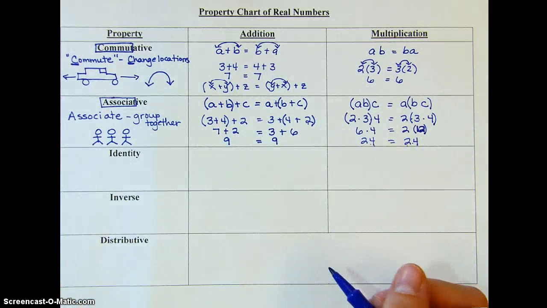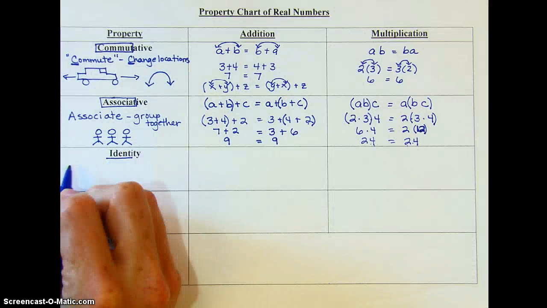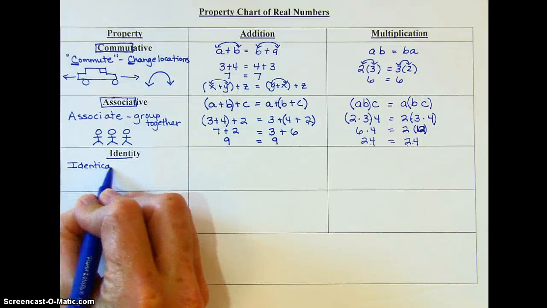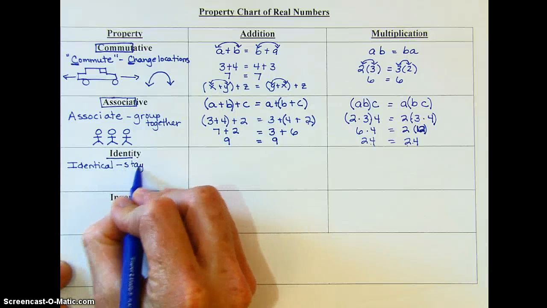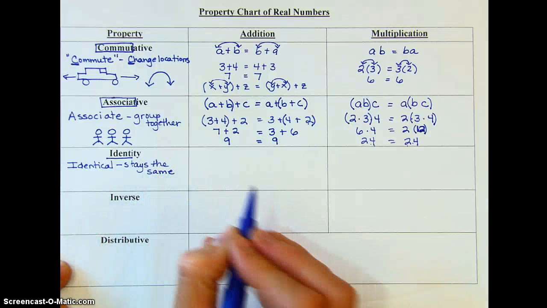Now, the next property is called the identity property. The key word here is actually identical, okay? If it's identical to something, then the key to remember is that it stays the same. So it'll always stay the same.